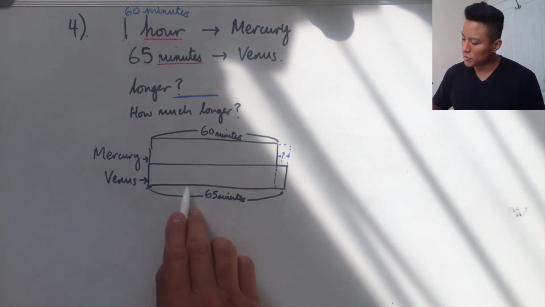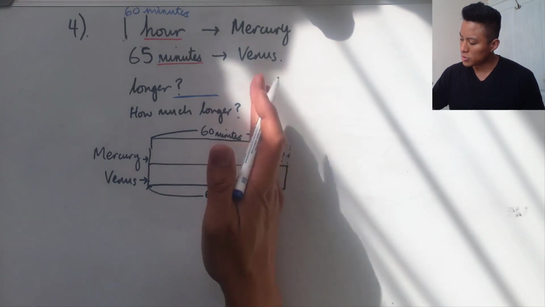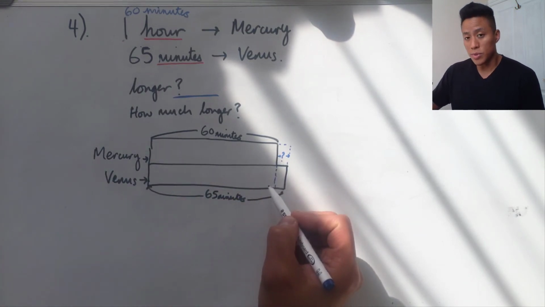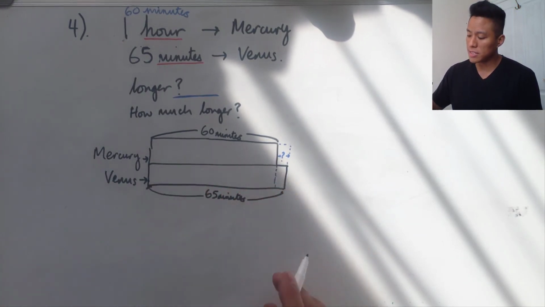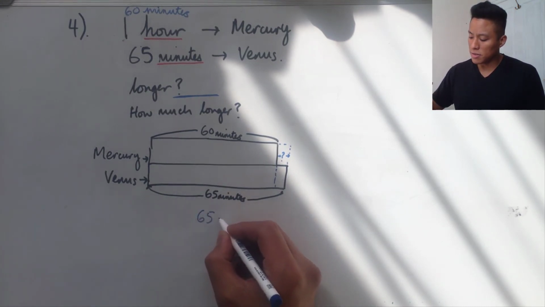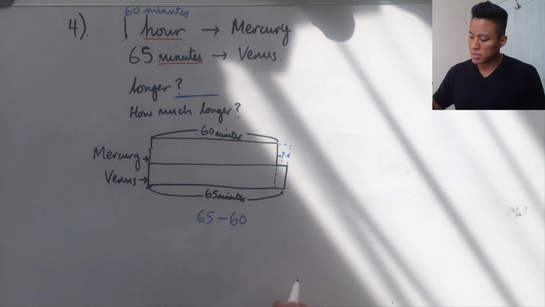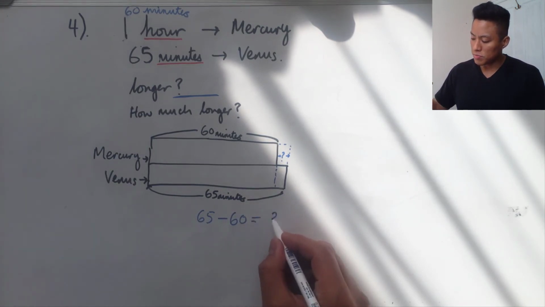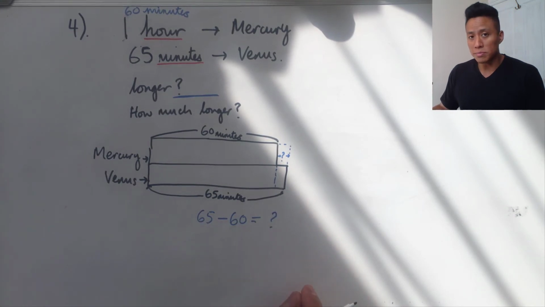So if all of this is 65, we need to take away all of this part, which we know is equivalent to here, which is 60 minutes. Okay, so we've got our 65, and we subtract 60, and that gives you the unknown.